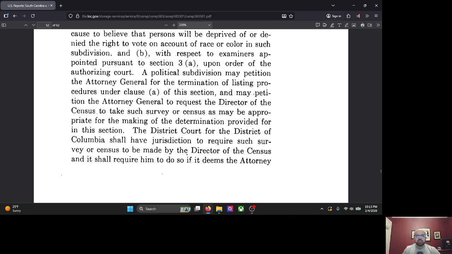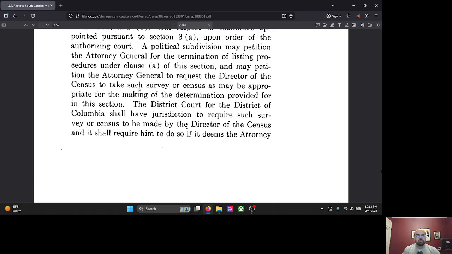A political subdivision may petition the Attorney General for the termination of listing procedures under Clause A of this section, and may petition the Attorney General to request the Director of the Census to take such survey or census as may be appropriate for the making of the determination provided for in this section.